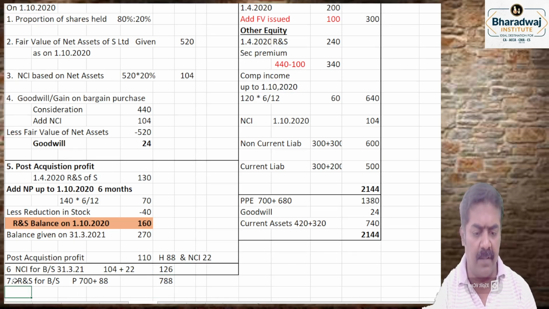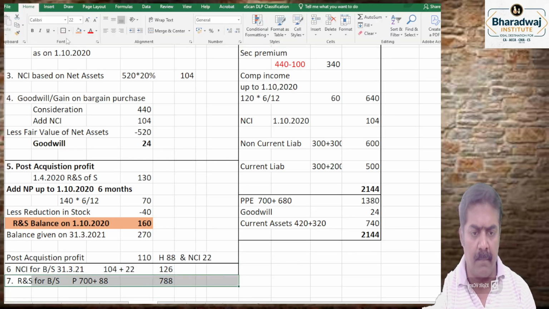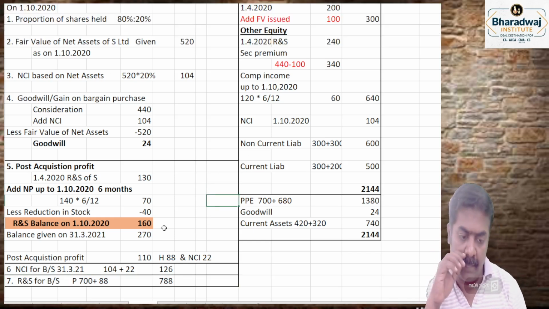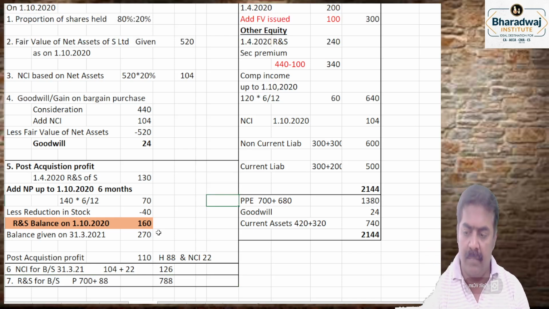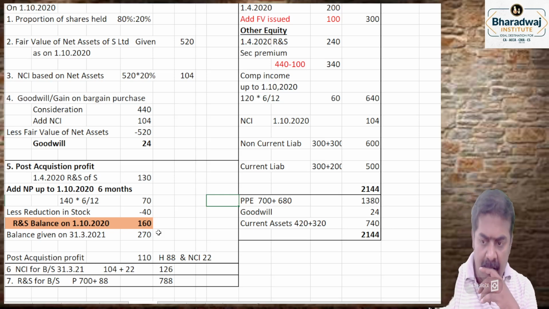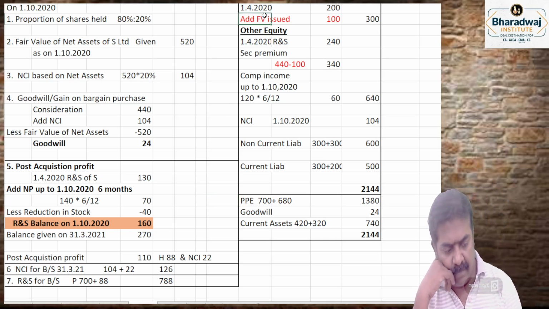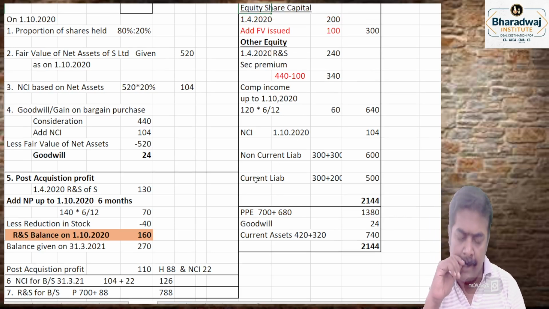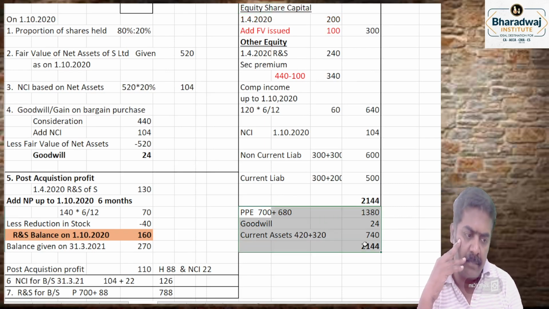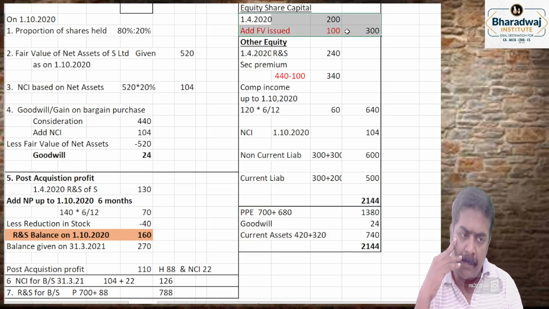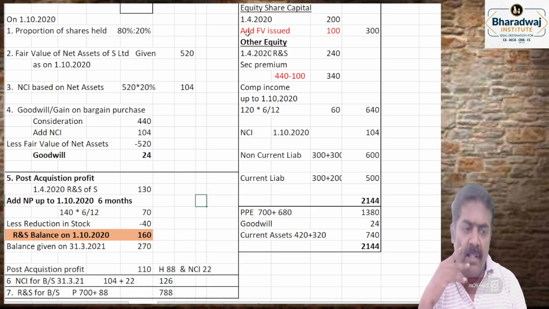Then let us prepare the balance sheet at the end of the year. Have we taken up the balance sheet?